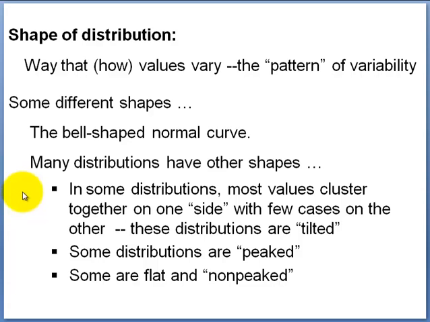And then some distributions are quite pointed, which in statistics is sometimes called peaked. They have a sharp mountaintop, in essence. And others are flat and broad and rounded, the opposite of peakedness, in essence, flat.